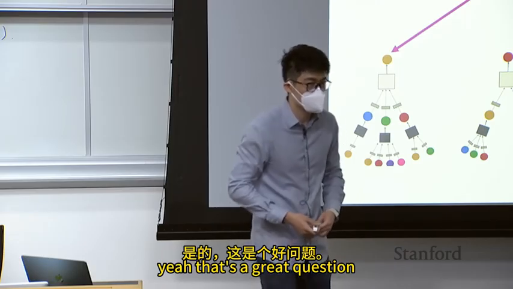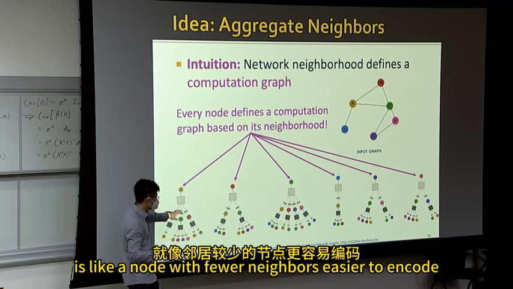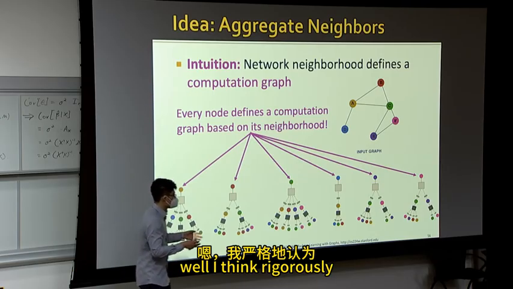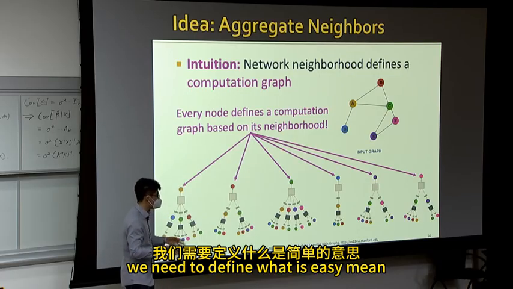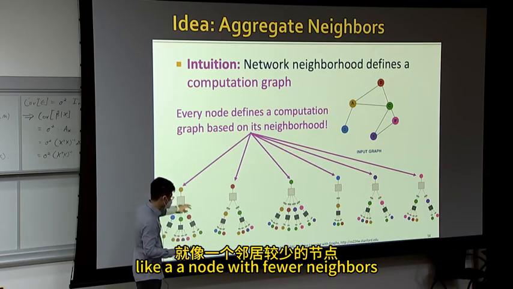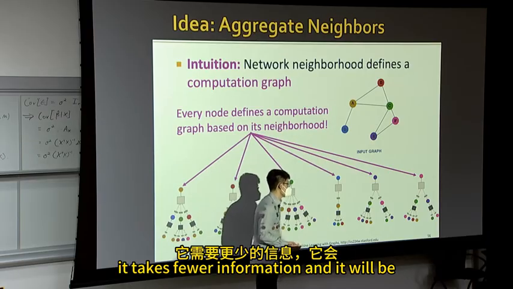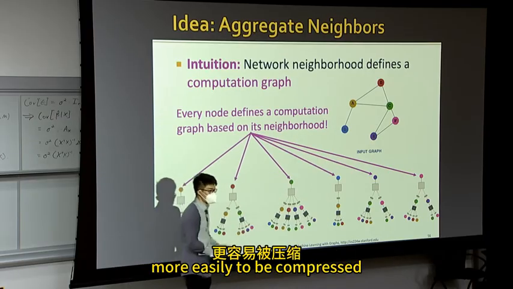Yeah, that's a great question. I think your question is whether a node with fewer neighbors is easier to encode. Well, rigorously we will need to define what easy means, but intuitively, a node with fewer neighbors takes less information and will be more easily compressed.